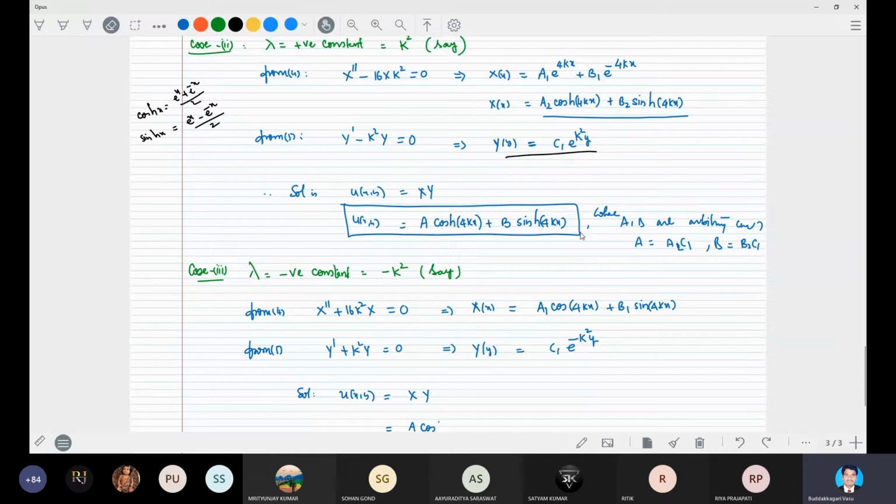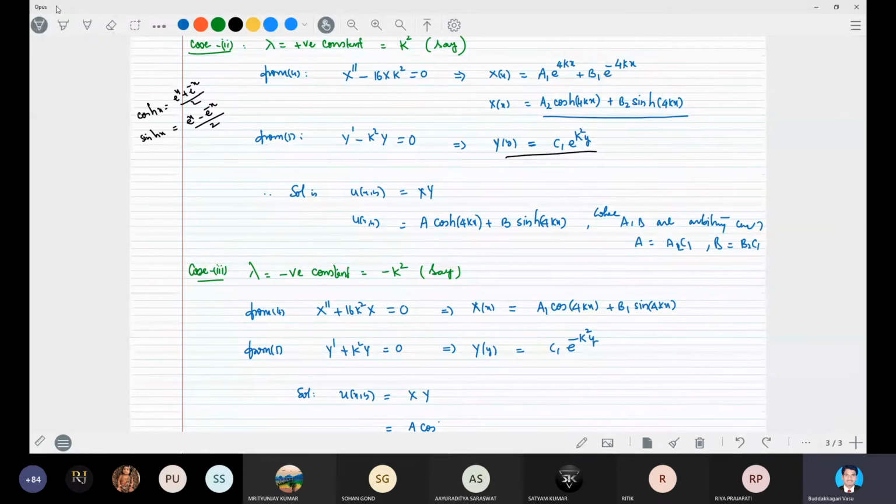Right. Into e power k square y into this much, right? X into Y.